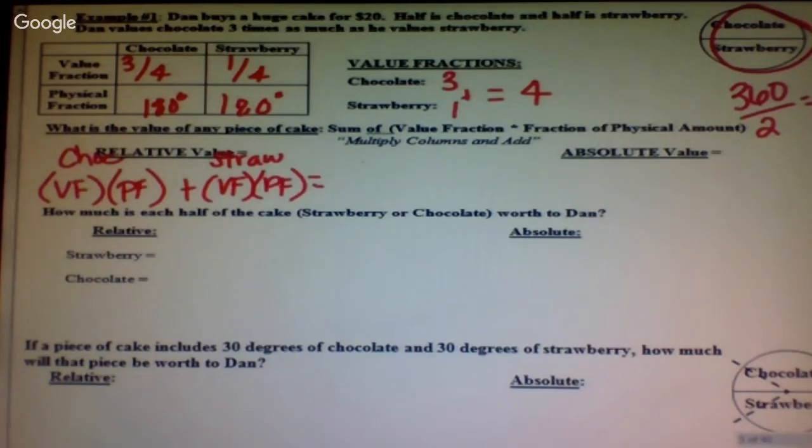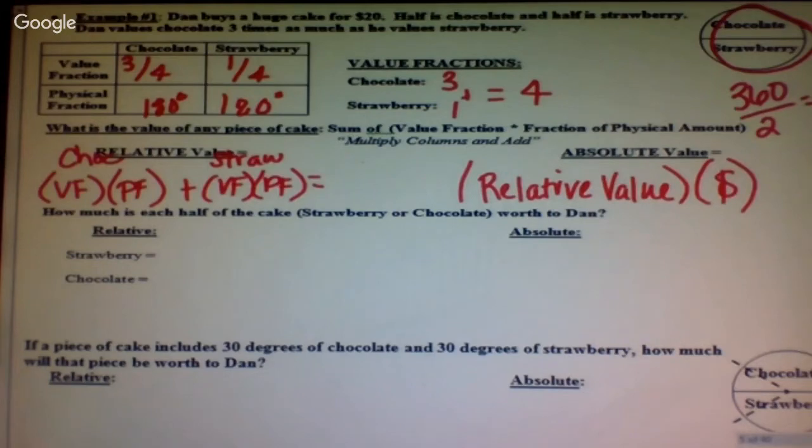Okay. Once you get this relative value, to get your absolute value, you would take your relative value and multiply that times how much money you spent on your item. Okay. Absolute means money.